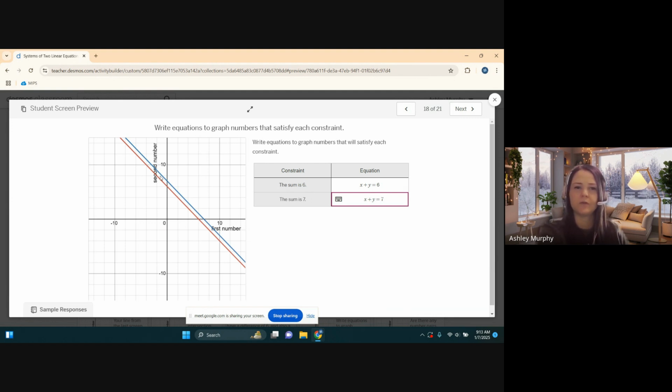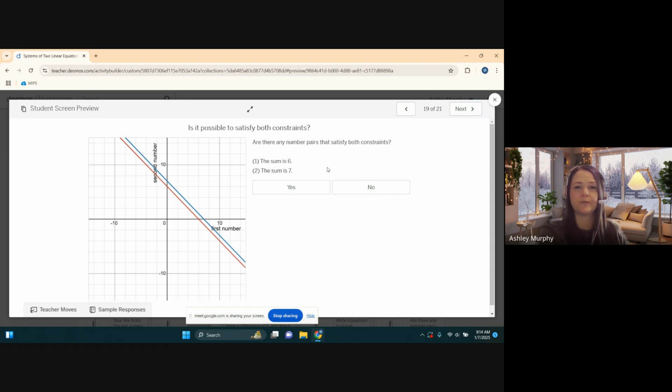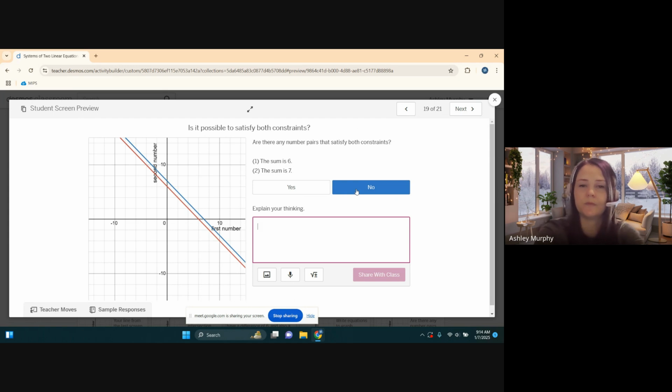So there's not going to be a solution for this constraint. There are no numbers that you can think of that would add to get 6 that also add to get 7. That's impossible. So for this one, we're going to say no. Parallel lines have no solution to the system.